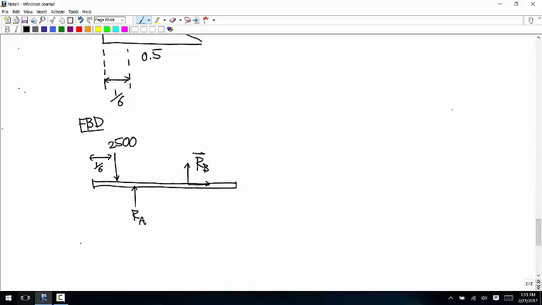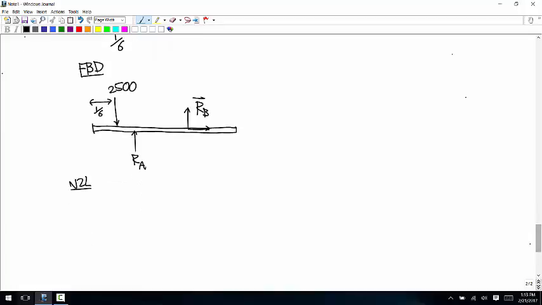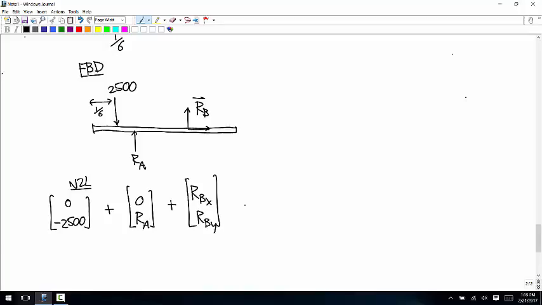All right, so Newton's second law says 0, negative 2,500 plus 0, RA, plus RBX, RBY, equals zeros.